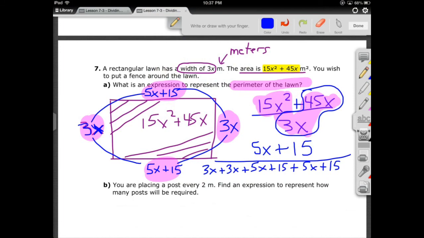Now you want to do a little collecting of like terms here, and you sort of need to combine a few steps. We've got 3x and 3x, that's 6x, and here is another 10x. So that's 16x, and what we're left with are the constants there, plus 30.